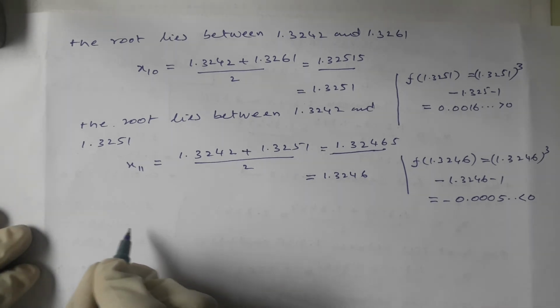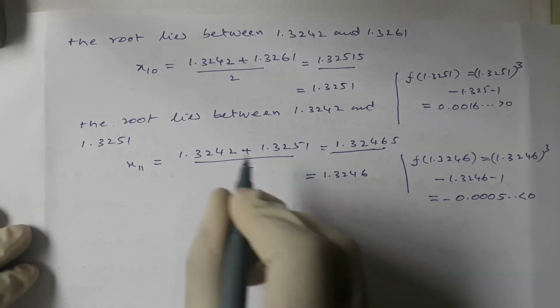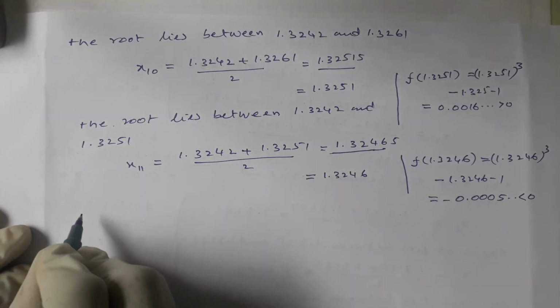As it is less than 0, the next approximation root goes to the middle, to the right side.